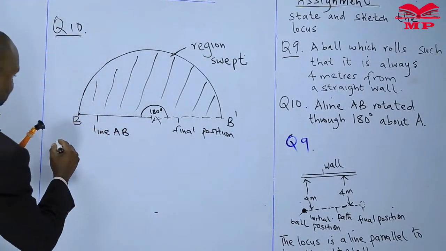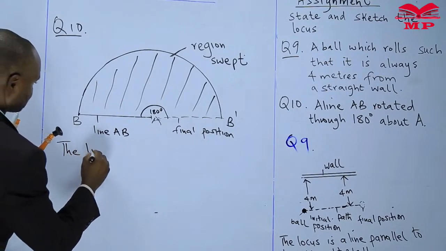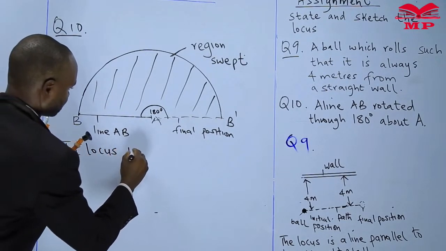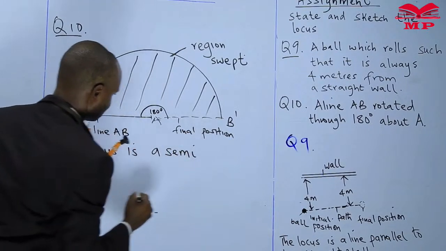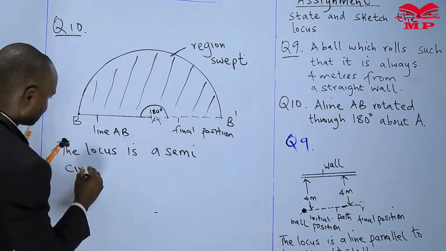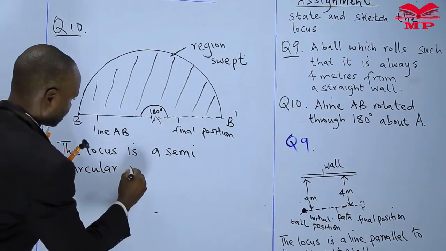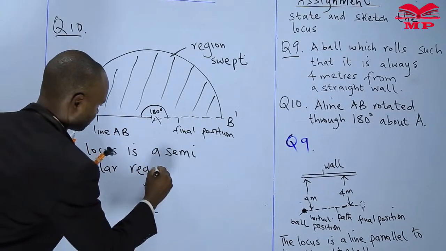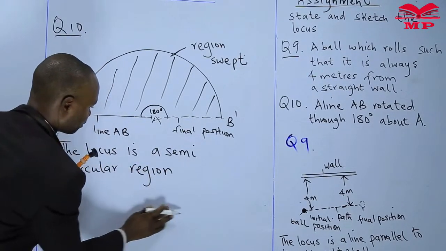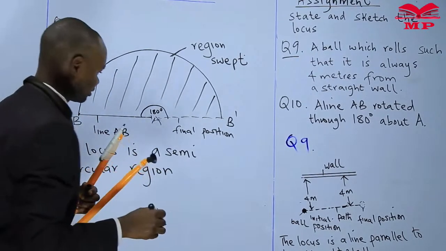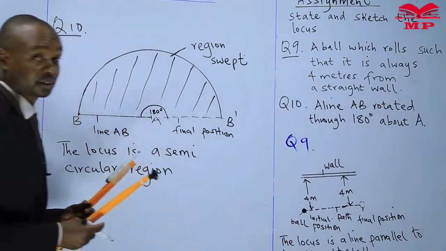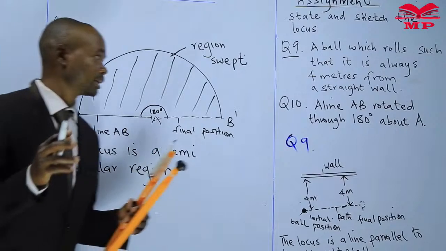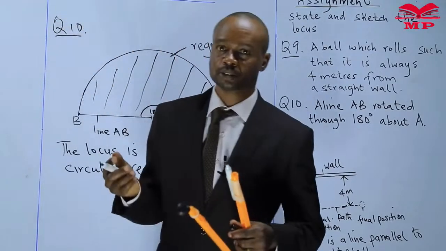So the locus is a semicircular region. Be very careful: when you talk of a region, you are talking of an area. What played importance there were the laws.